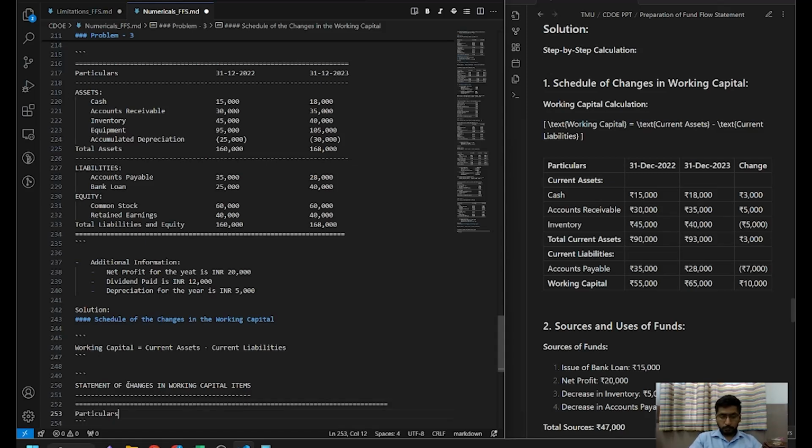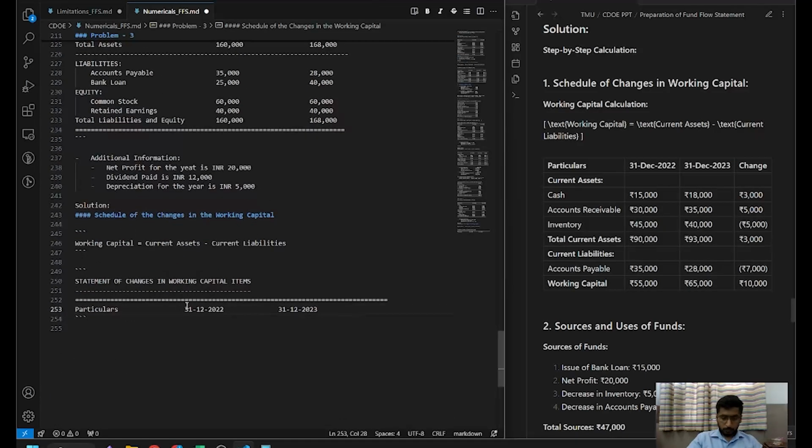Particulars, 31/12/2022, 31/12/2023, and then changes.